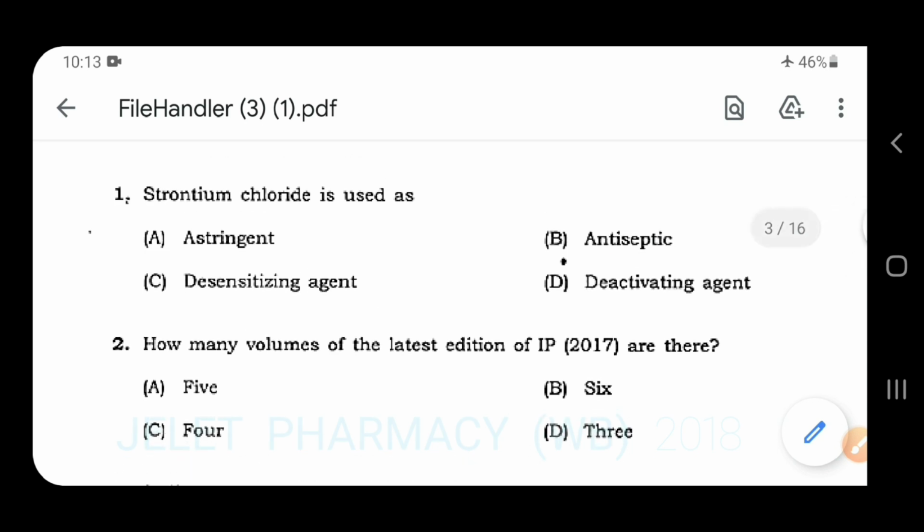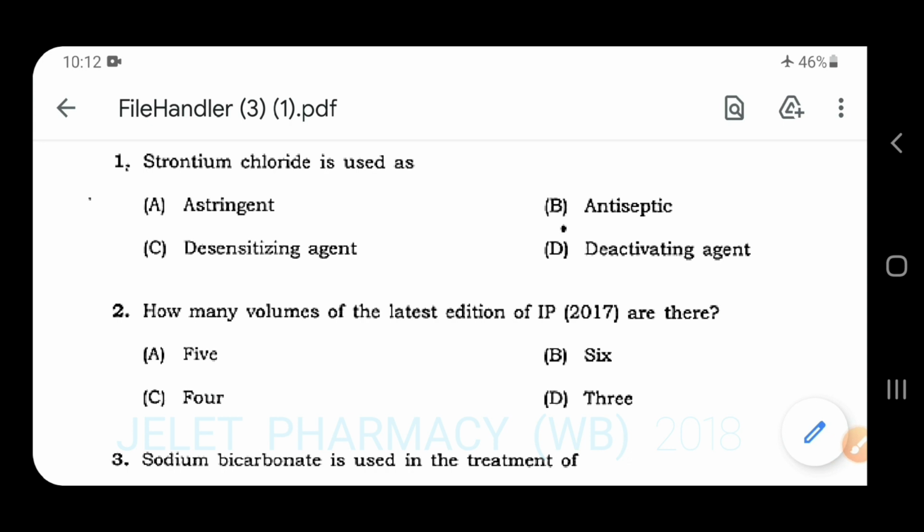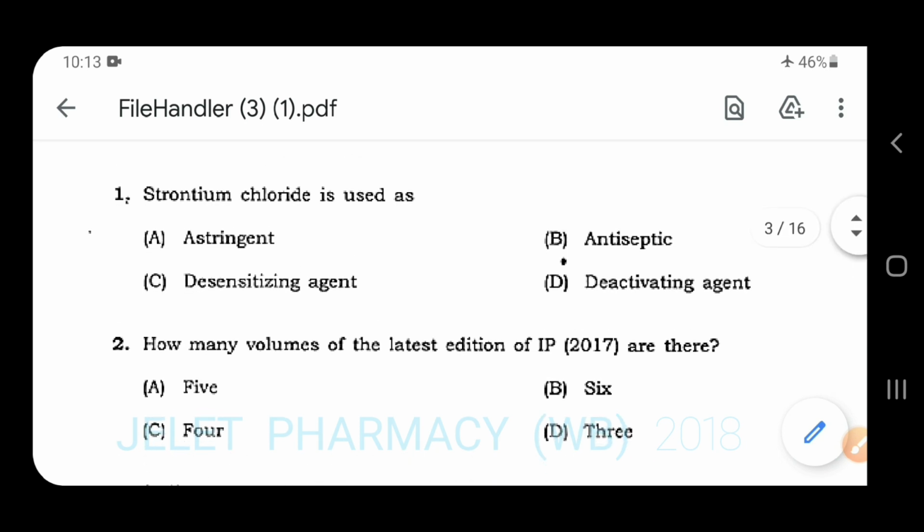The first question is, strontium chloride is used as astringent, antiseptic, desensitizing agent, deactivating agent.